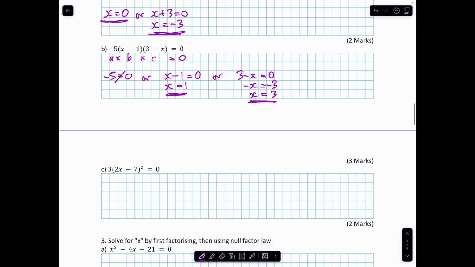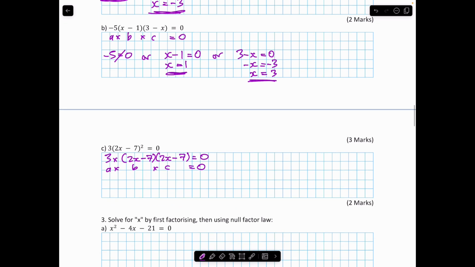This one here, you need to remember that squaring anything is the same as timesing by itself. So 2x takes 7, 2x takes 7 equals 0. And so this is a case of a times by b times by c equals 0, which is still null factor law. That's telling us that 3 is equal to 0, which it can't be, so we ignore that.